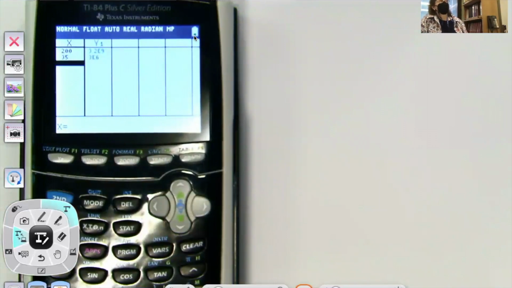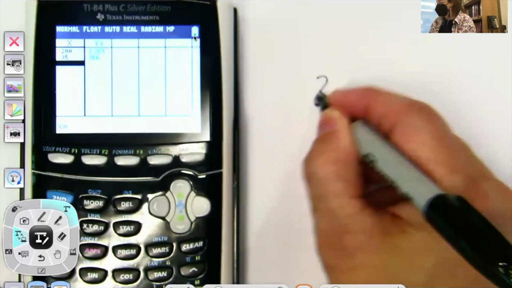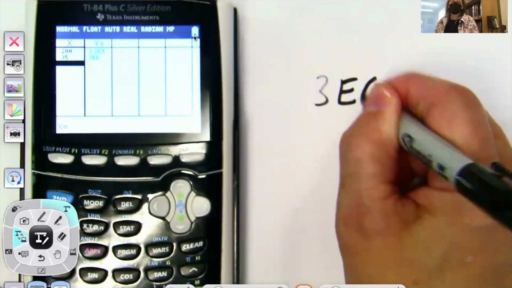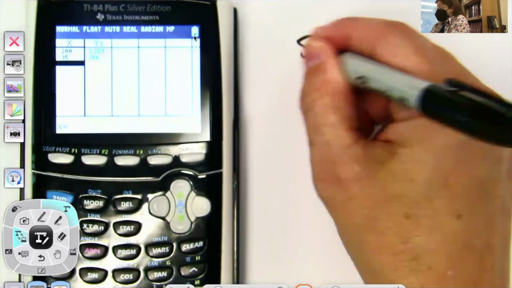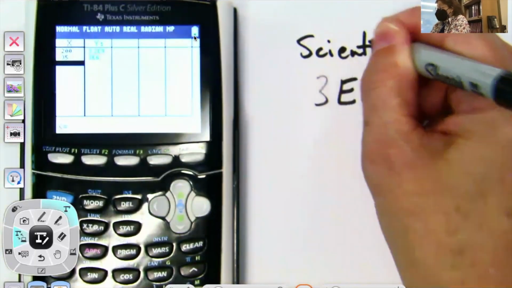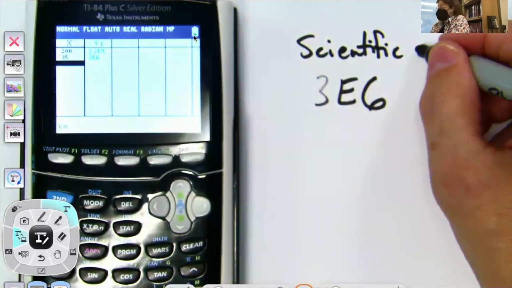Oh, good choice. I put in 35 and it spit out 3E6. That's scientific notation. Hopefully you did scientific notation surely in 7th grade, 8th grade, science, math, something. But that's what scientific notation looks like on a calculator.